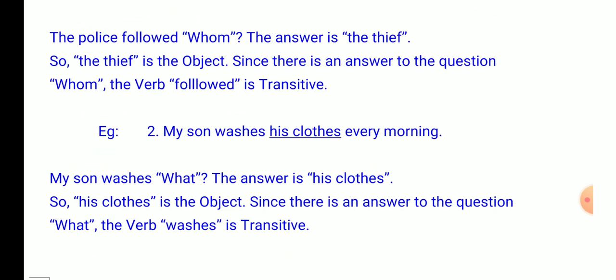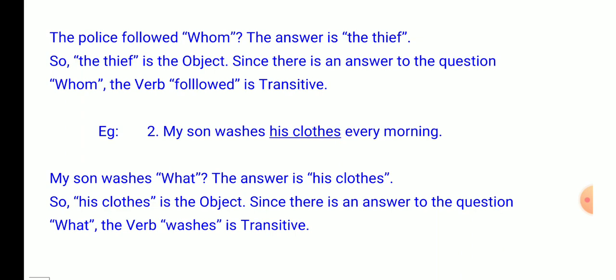Now, move to the second example. My son washes his clothes every morning. Here, my son is the subject and washes is the verb. My son washes what? The answer is his clothes.